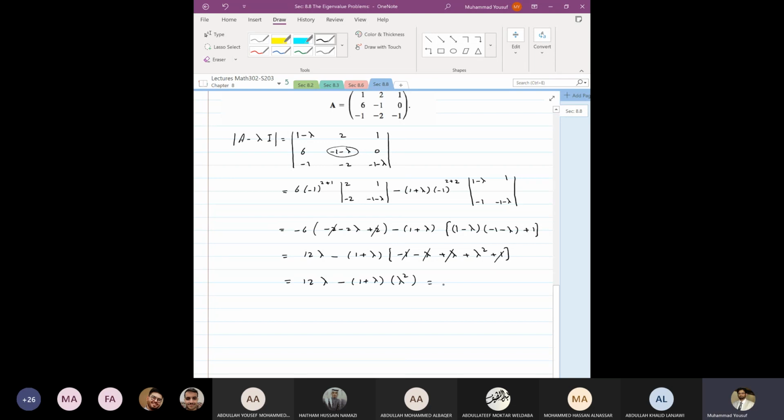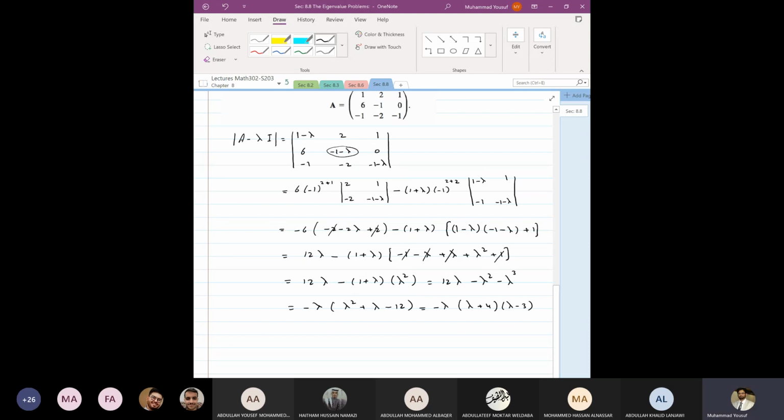This is equal to 12 lambda minus lambda square minus lambda cube. I can take minus lambda common, then I write here lambda square plus lambda minus 12, which is negative lambda times lambda plus 4 and lambda minus 3.